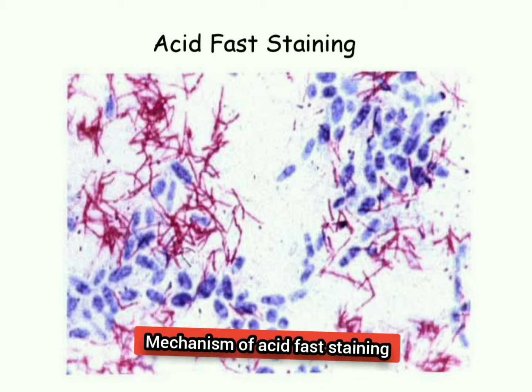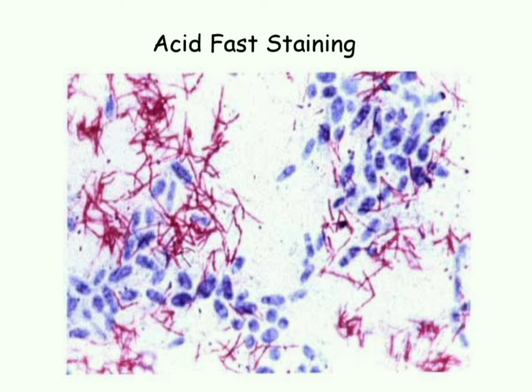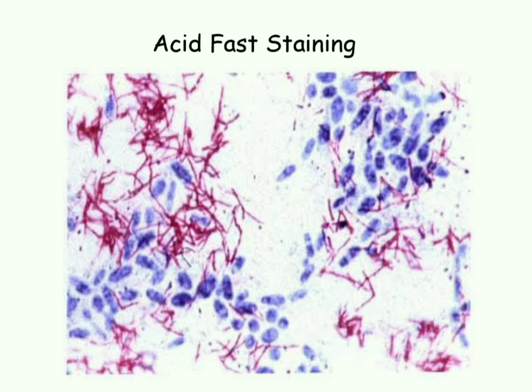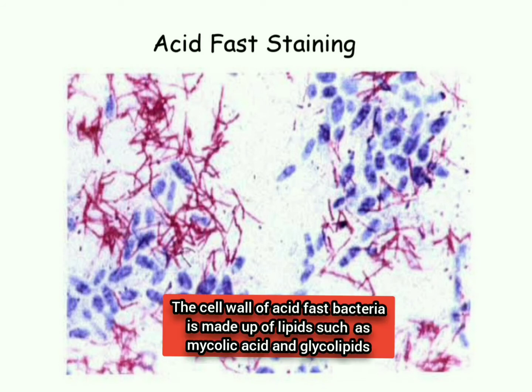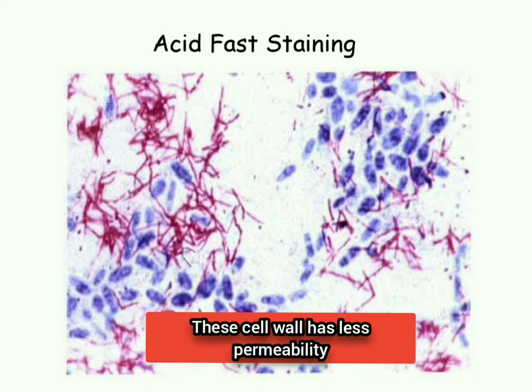Mechanism of acid-fast staining. Acid-fast bacteria have a waxy covering on their surface, or we can say they have high lipid content in the cell wall. The cell wall of acid-fast bacteria is made up of lipids such as mycolic acid and glycolipids. Due to this high lipid content, the cell wall has less permeability.